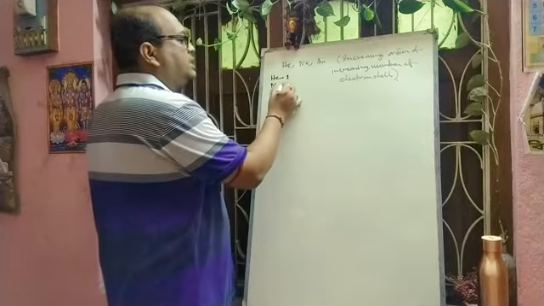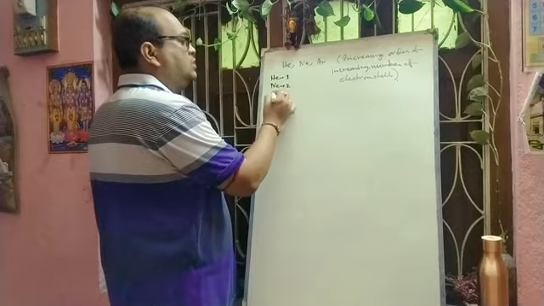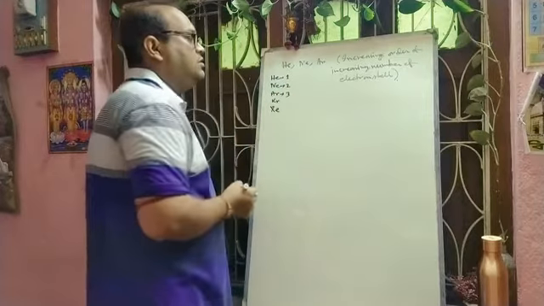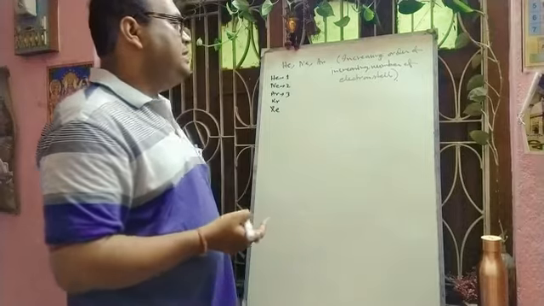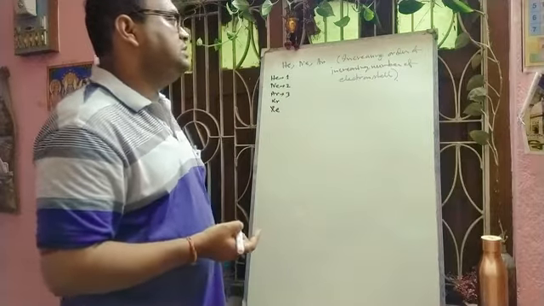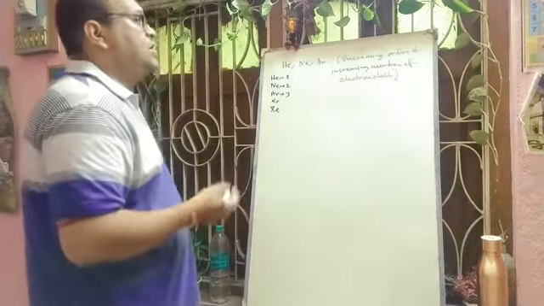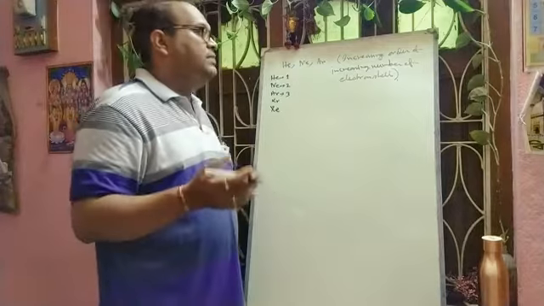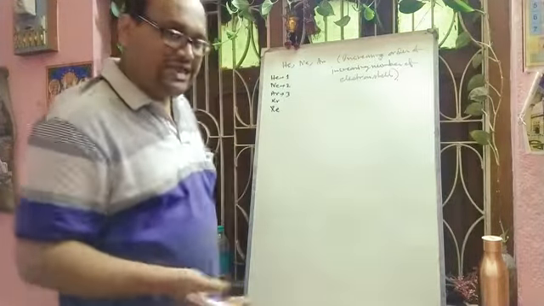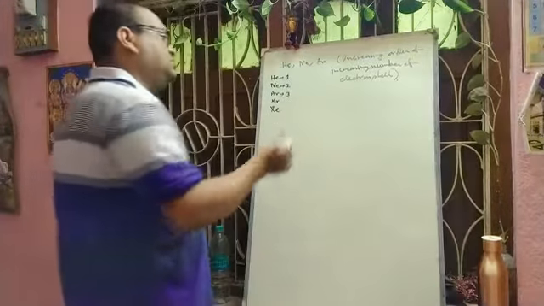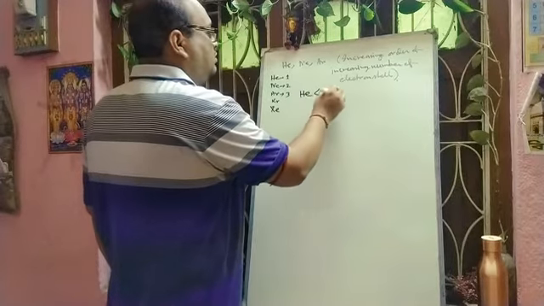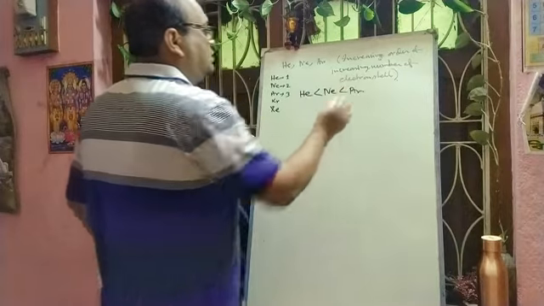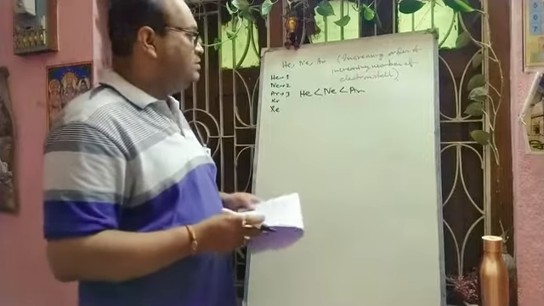In case of neon, number of shells is 2. Argon will be 3, so that is a third period element, then 3 shells will be there. So from here we can easily get the answer: first will be helium, then neon, then argon. So the answer of this question you can understand.